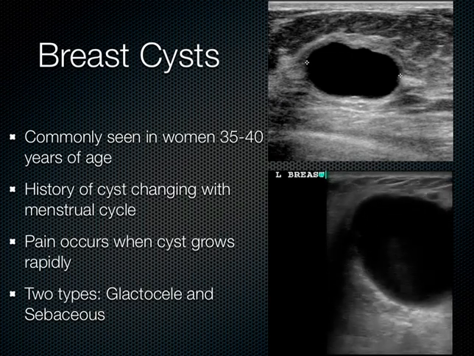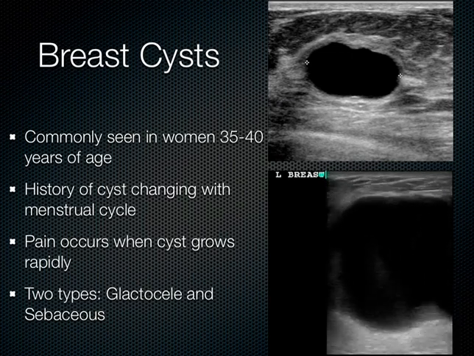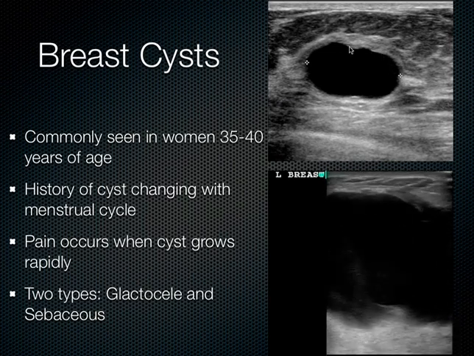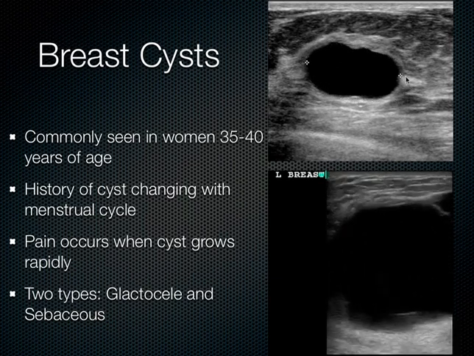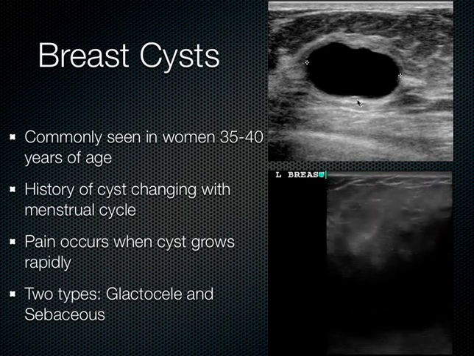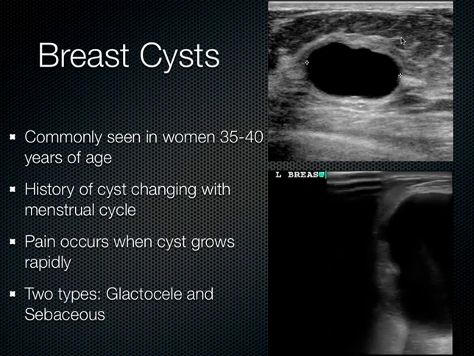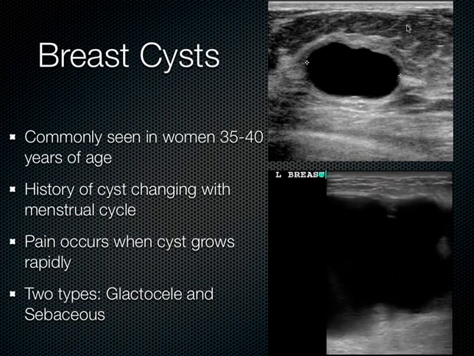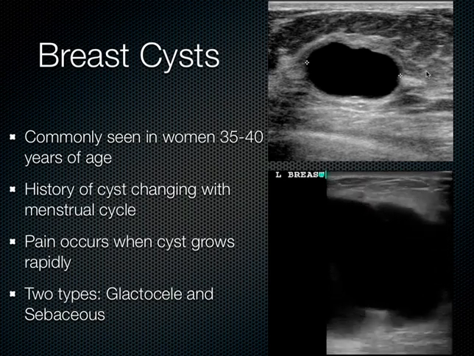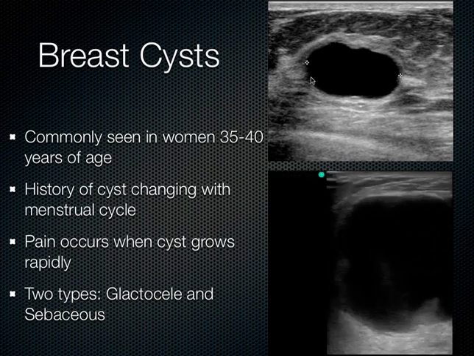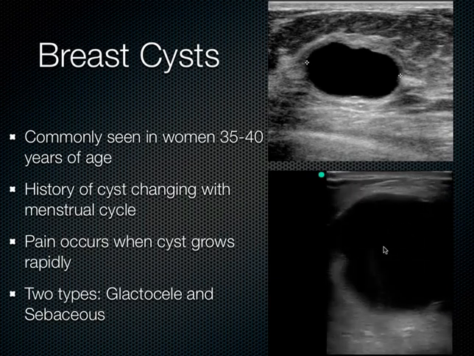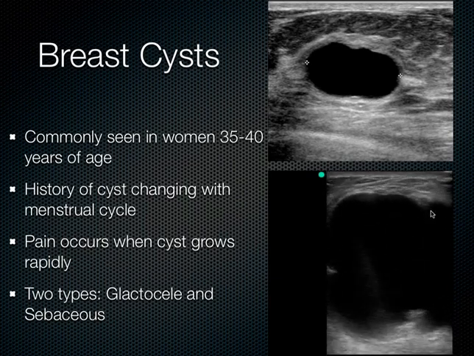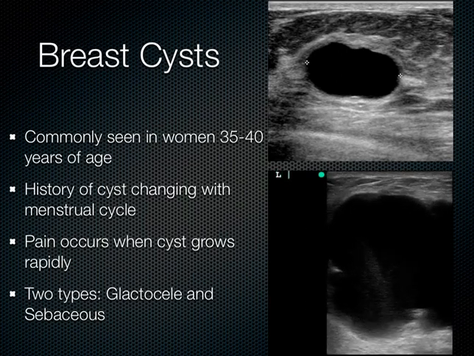Galactoceles occur when there's milk in the breast, but sebaceous cysts occur without being pregnant, when you're not lactating. Here, this is the subcutaneous fat layer, and this is the mammary layer. And here's this cystic structure. This is another large cystic structure seen down here on ultrasound. We were just fanning through this very large, simple cyst.